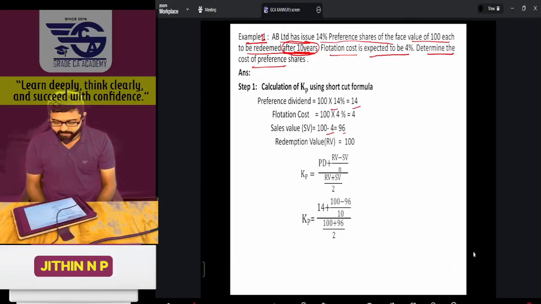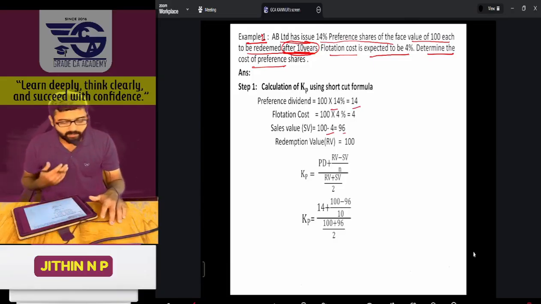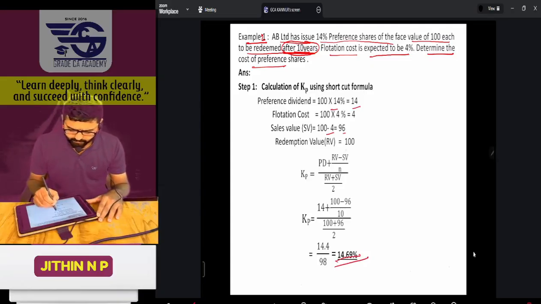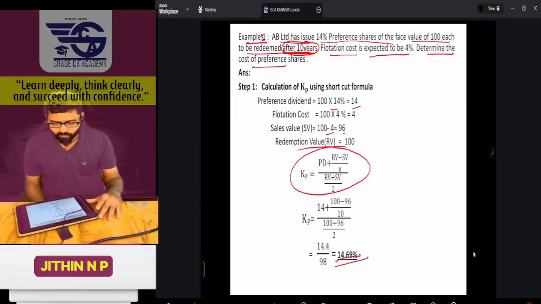That is 14 plus 100 minus 96 divided by 10, divided by 100 plus 96 divided by 2. Yes, the answer will be 40.69%. Clear? This concept of this formula we discussed in KD itself, the shortcut formula of cost of debt. The same concept is applied here also.